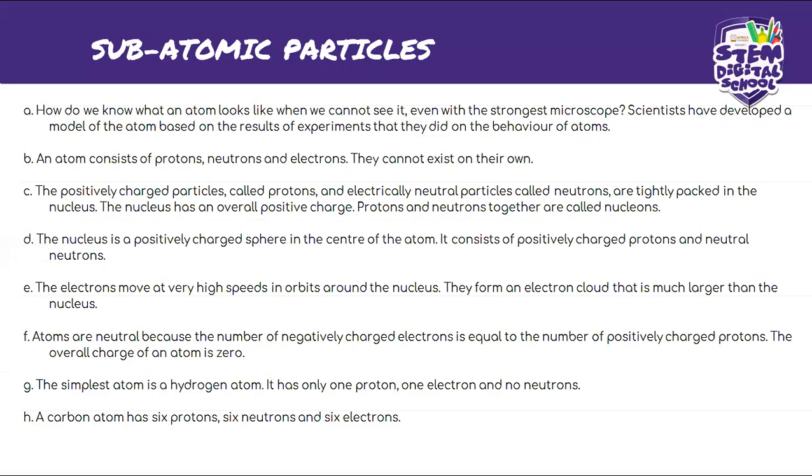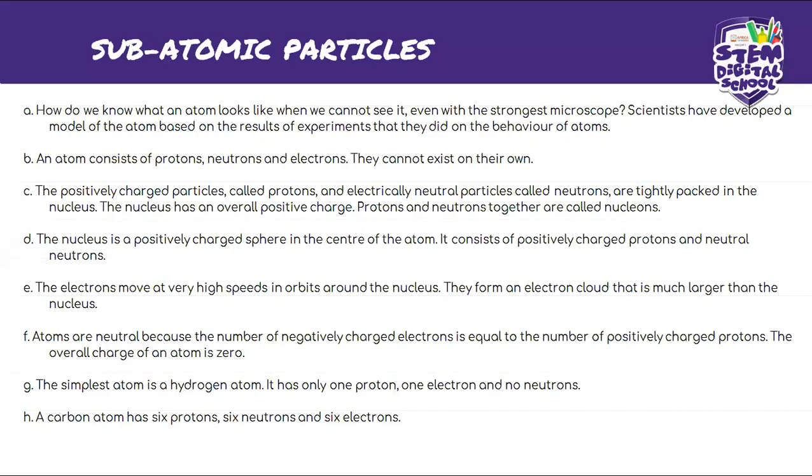Another point is saying that an atom consists of protons, neutrons, and electrons, and they cannot exist on their own. So take note. The protons, neutrons, and electrons come together to complement, but each one cannot exist on its own. That's what point B is saying.